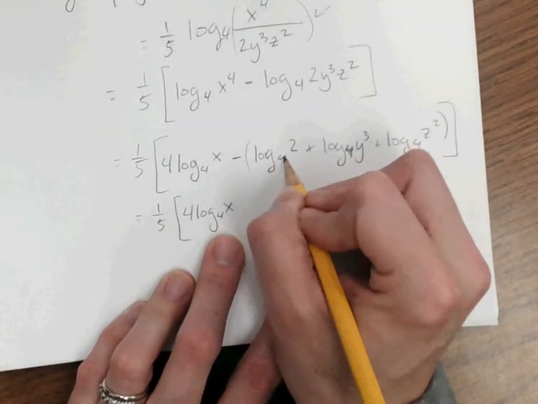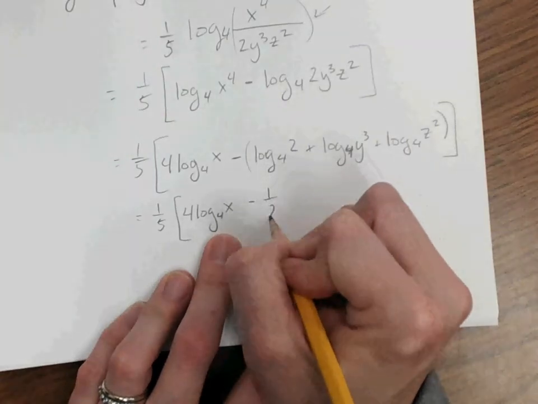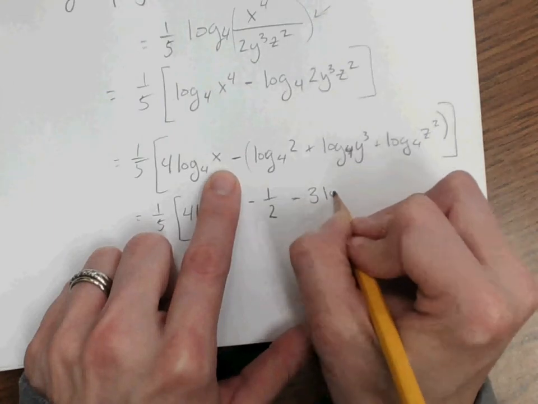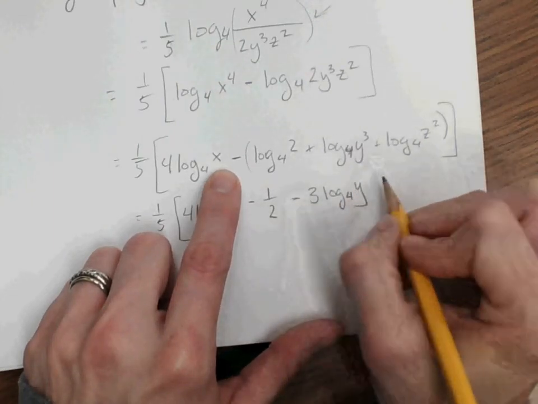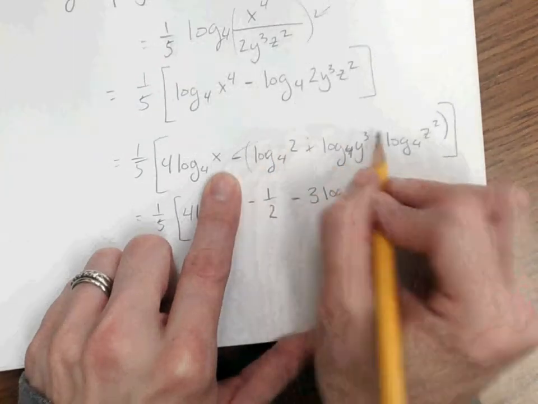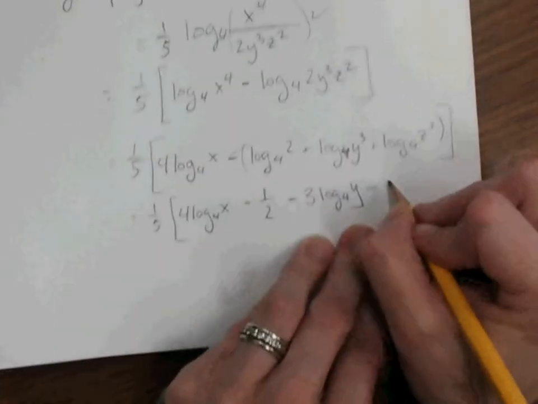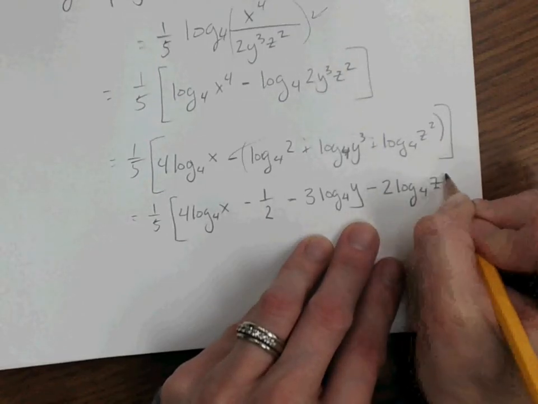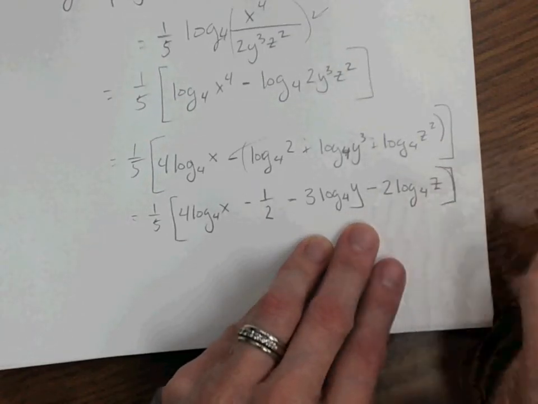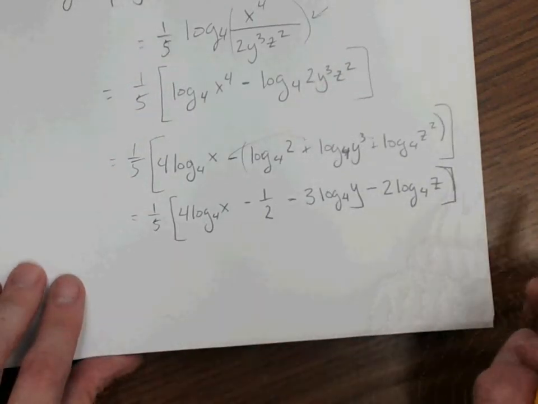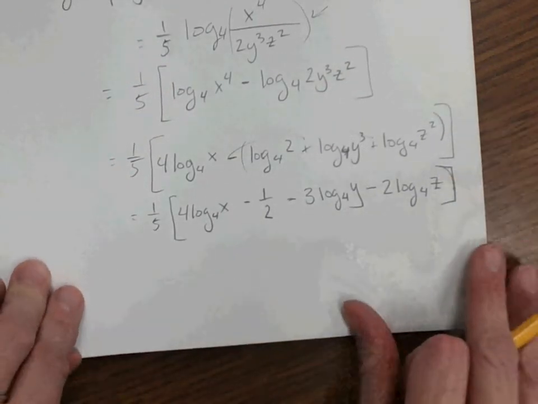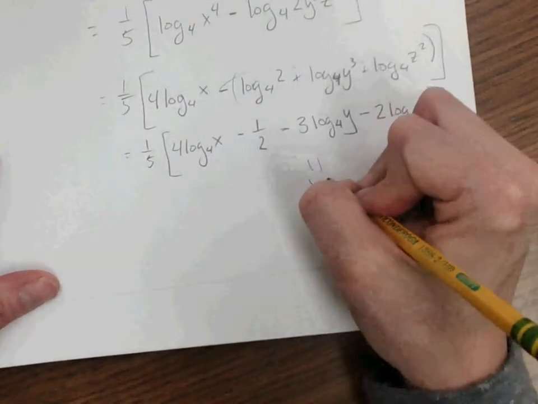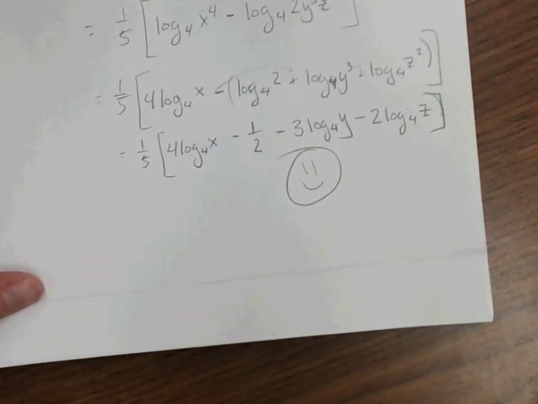We just looked at one that had this, and so I've got minus 1/2, minus, I can bring my 3 out in front, 3 log base 4 of y, and then minus, remembering that I have to distribute that across, minus, I can bring my 2 out, 2 log base 4 of z. So if I want to, I could put all of these over a 5, or I can just leave it with this 1/5 out in front of it. That's fine too. So that one is as expanded as we can.